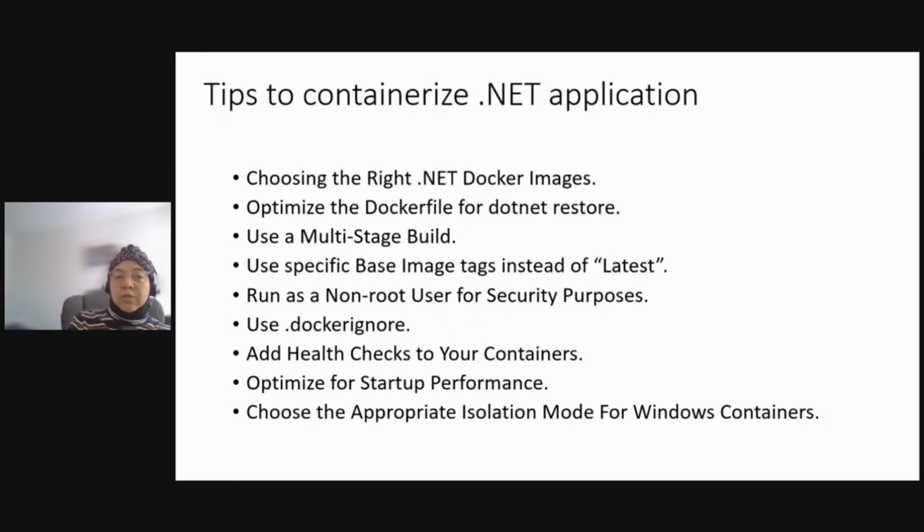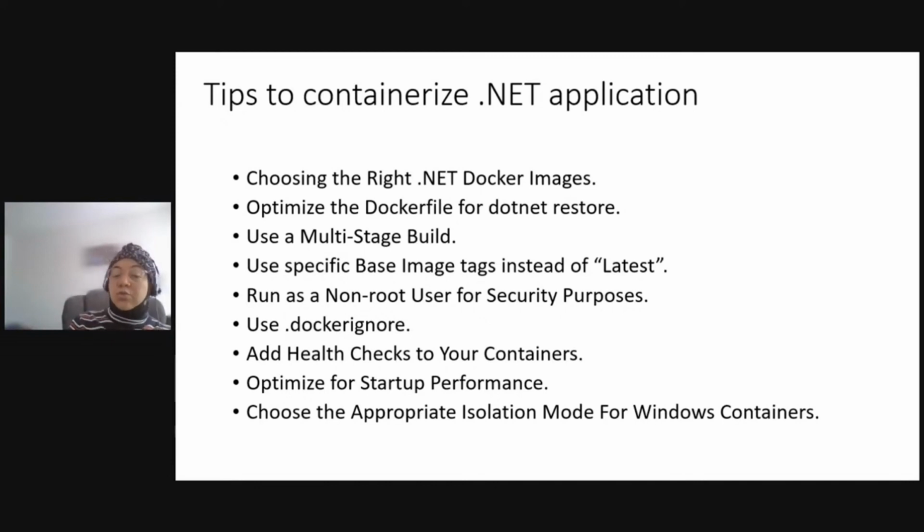We need to run as a non-root user for security purposes. Always use a .dockerignore file. It's simple: I don't want to include the obj and bin folders in our images, for example. It depends on your solution.